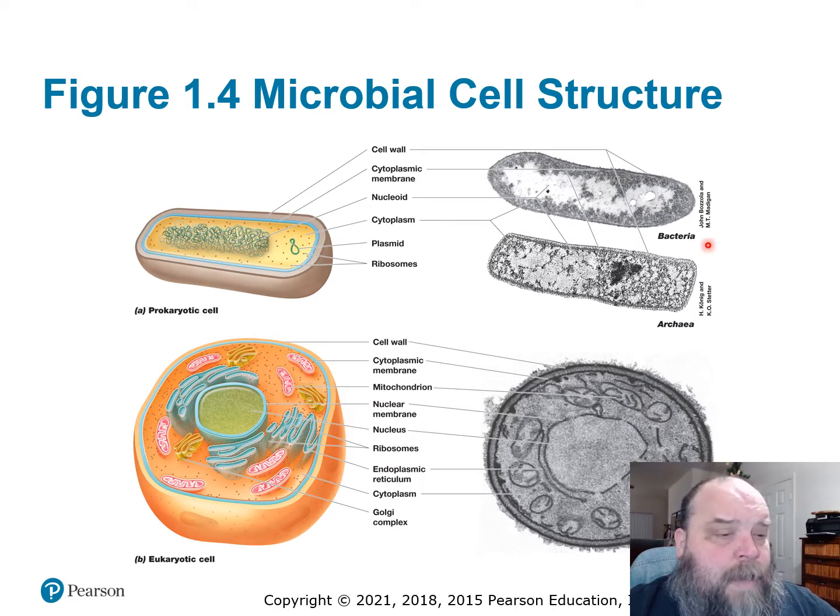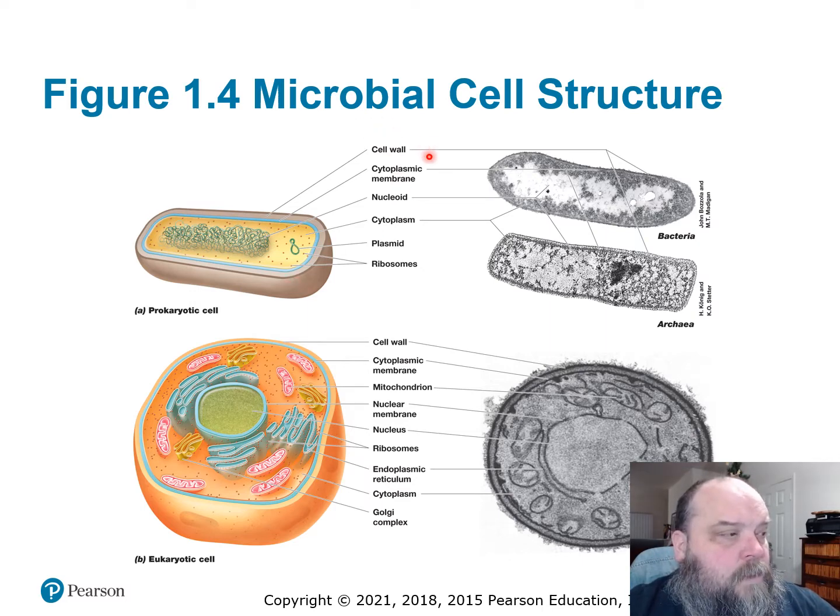So when you compare a prokaryotic cell to a eukaryotic cell, keep in mind the artist did not draw these to scale. The average, quote-unquote, eukaryotic cell is going to be anywhere from 10 to 100 times bigger than the average prokaryotic cell.